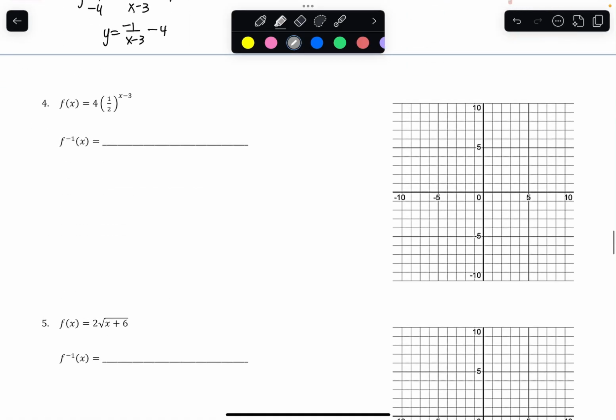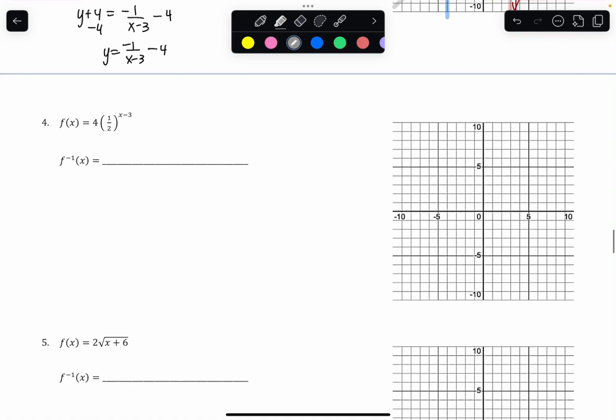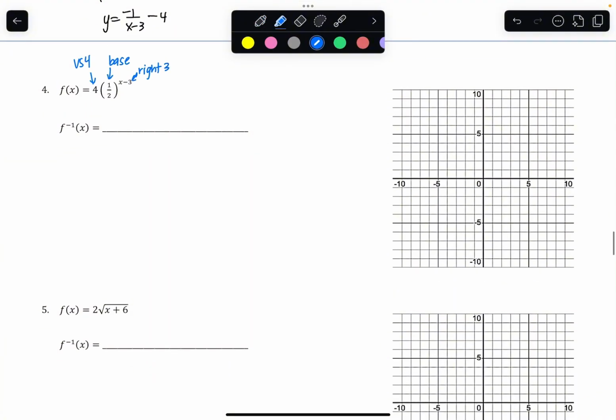Okay, next we are dealing with an exponential function with a base of 1/2. So that 1/2 is our base. And it has been vertically stretched by 4 and then right 3. And so remember the parent function, the default setting for an exponential function is a horizontal asymptote at y equals 0.